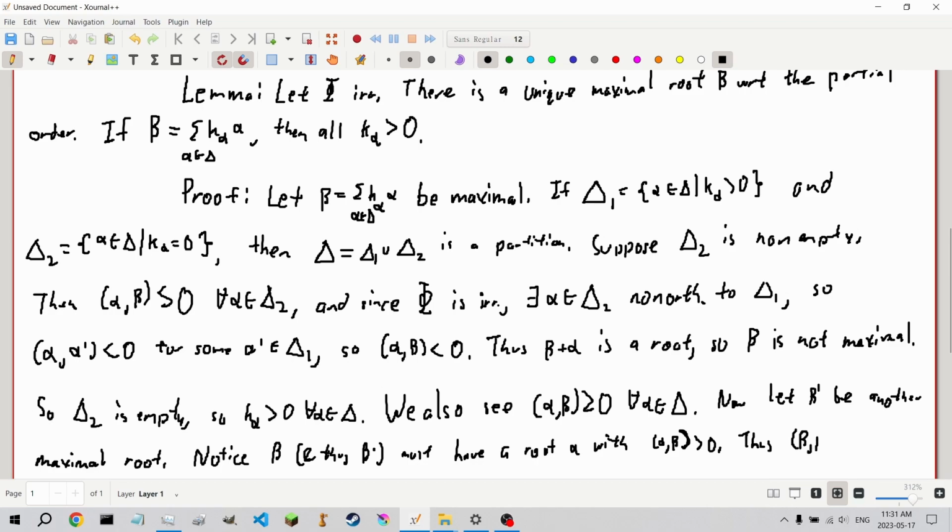Thus, the inner product of beta and beta prime is strictly positive.